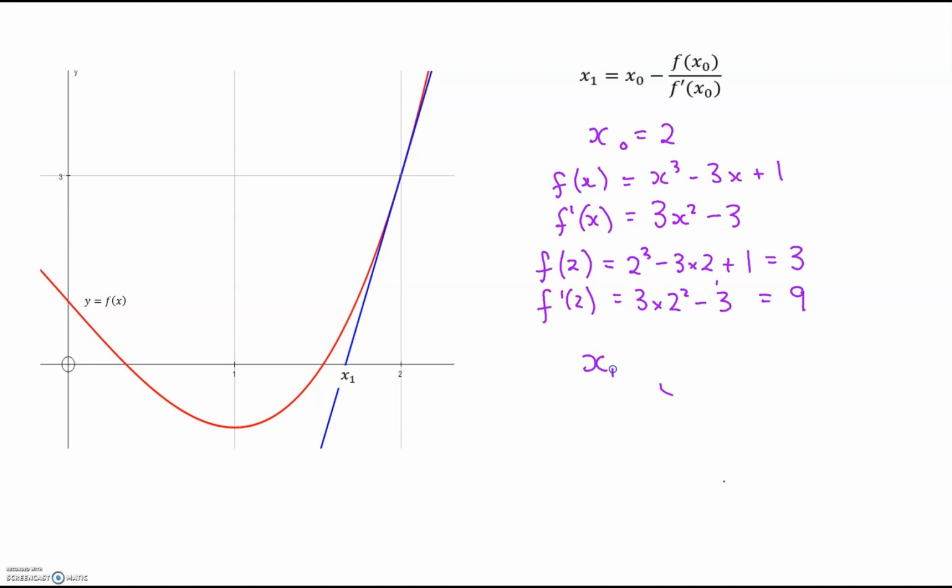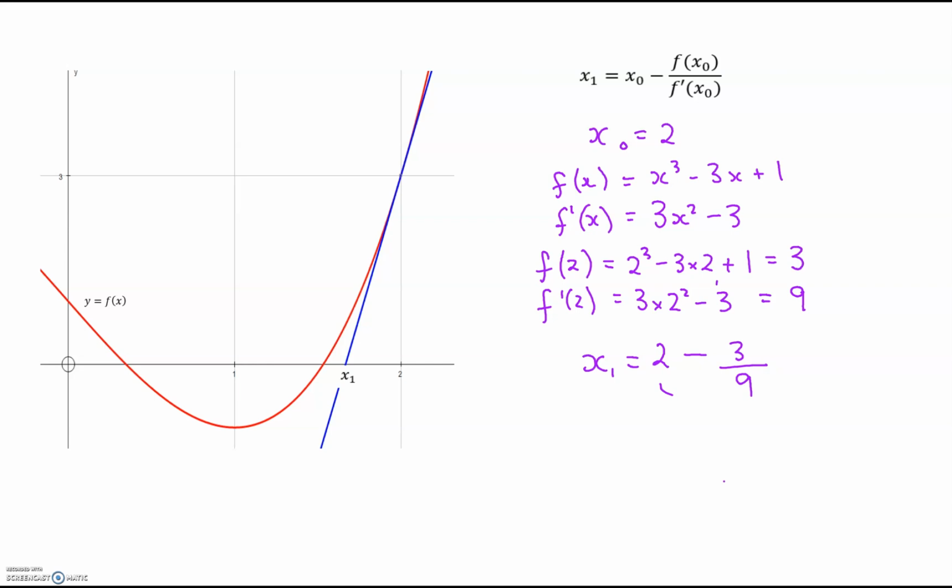So x1 is x0, which is 2, take away f of 2, which is 3, over f dashed of 2, which is 9.